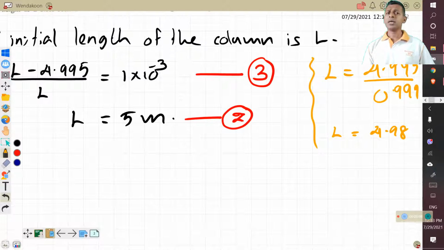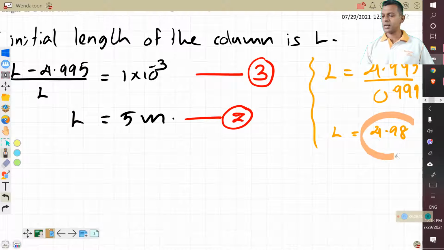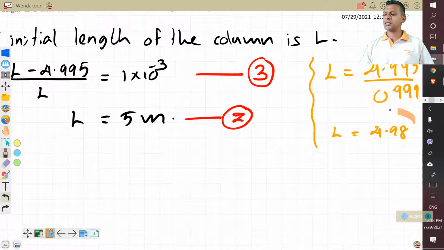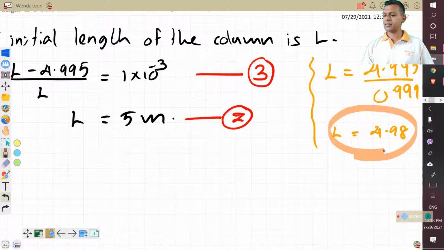In the exam, some students had used log and found this answer, and those who did the simplification in the usual manner got this answer, right? As I know, during the marking in some panels, this answer also had been considered as the correct answer, and some panels have rejected this answer, right?